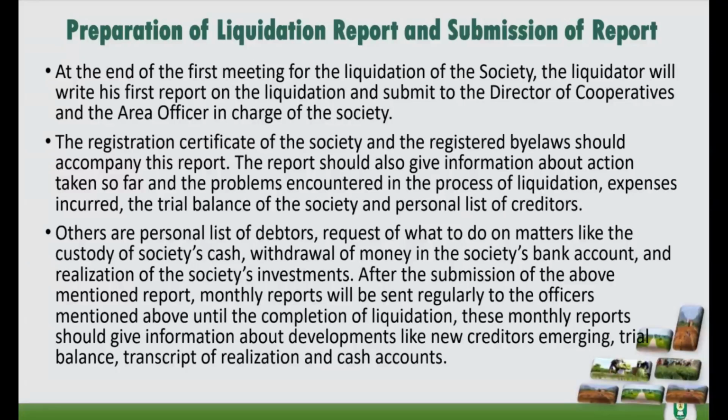After the submission of the above-mentioned report, monthly reports will be sent regularly to the officers mentioned above, the director of cooperatives and the area officers, until the completion of the liquidation. These monthly reports should give information about developments like new creditors emerging, trial balances, transcripts of realization, and cash accounts.